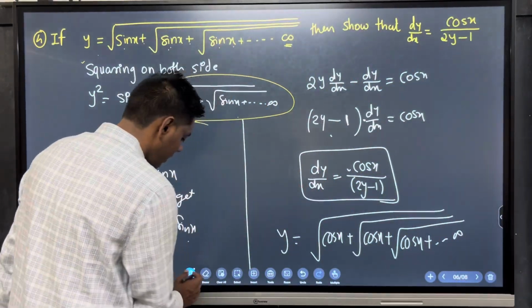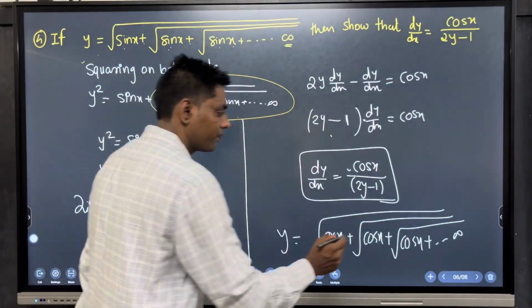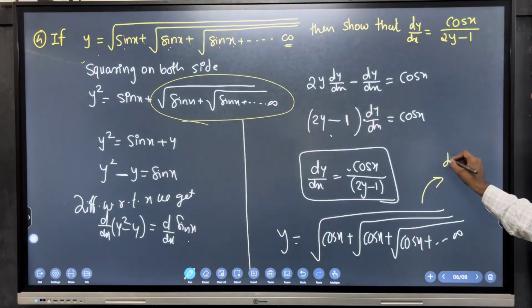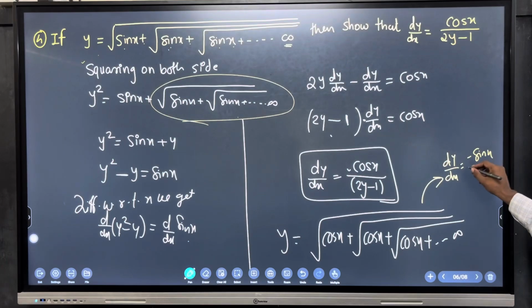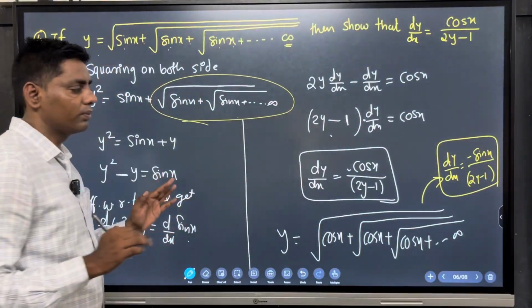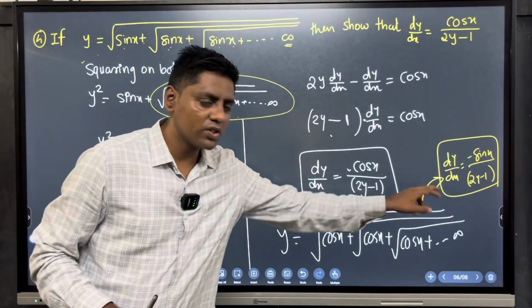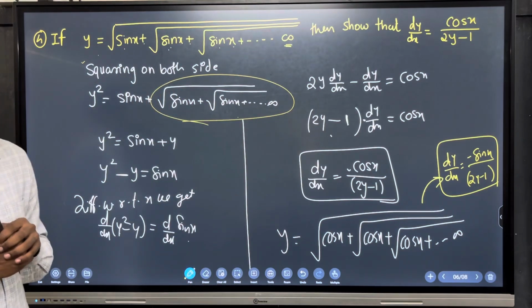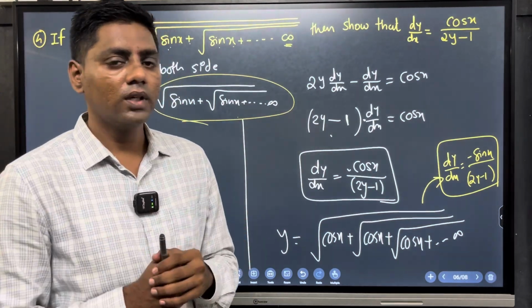Everyone should solve and check your answer. तुम्हाला आन्सर पण देऊन देतो मी, so you can verify your answer. dy by dx equals minus sin x divided by 2y minus 1. This is the answer of this question. Everyone should solve the question, make the practice, and just check your answer. If your answer is correct, tell me.